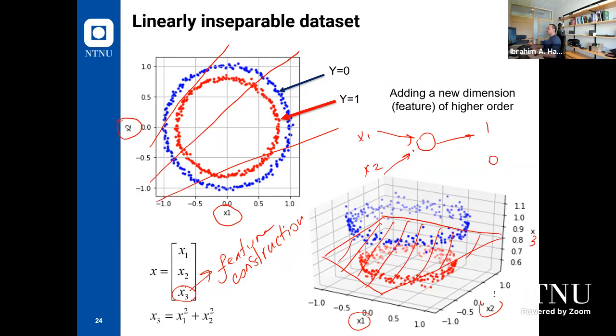It will be impossible to find a straight line because this model generates a straight line which is omega 1 x1 plus omega 2 x2 plus b equals 0. Even if you change the omega values and the b value, it will be impossible to solve this problem. So we cannot solve this problem using a logistic regression.